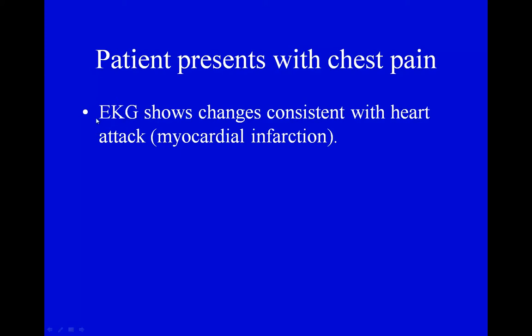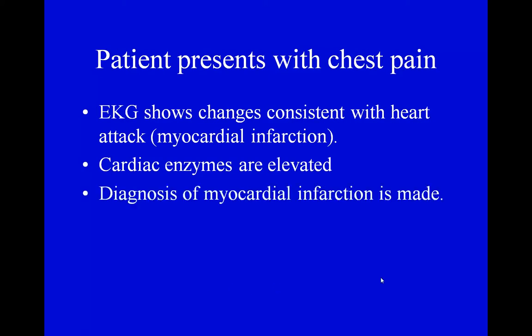An electrocardiogram is put on the patient, and it shows changes that happen. There's different electrical changes that happen when a person's having a myocardial infarction. They also did a blood test and look at the amount of enzymes that are present in that blood, and those enzymes are specific ones we look at to elevate if you've had a myocardial infarction.